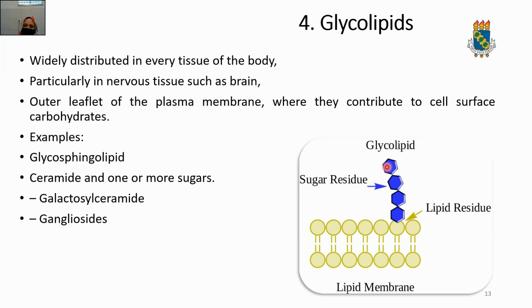So these are basically lipids to which a carbohydrate group or groups are attached, and hence they get the name glycolipids. Examples of the glycolipids are glycosphingolipids, ceramides to which one or more sugars are attached, galactosylceramide and gangliosides.